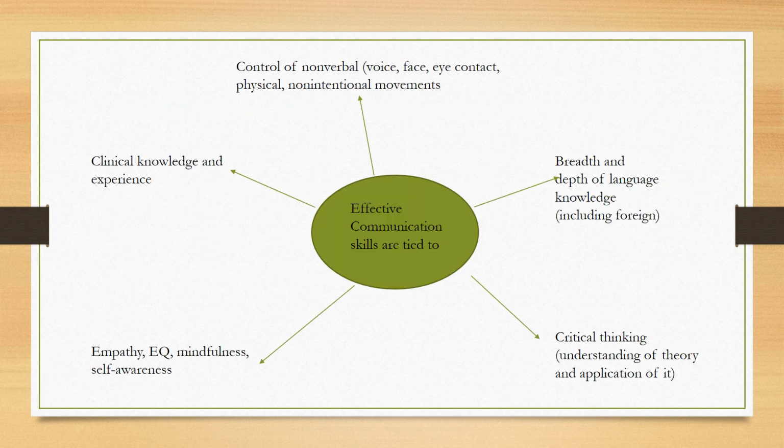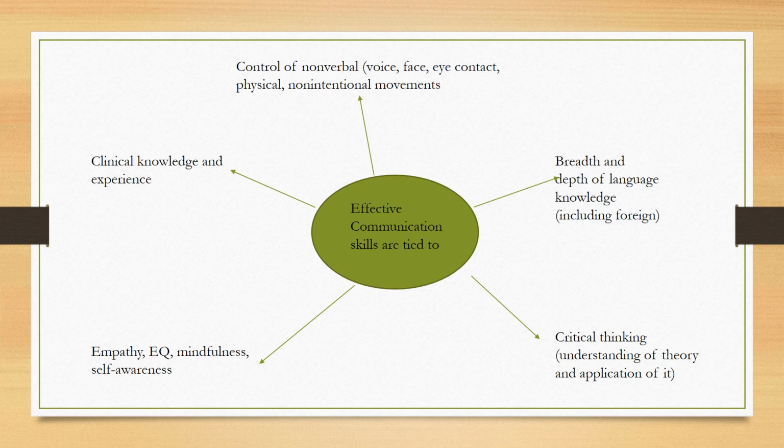I sort of devised this little diagram. I like little diagrams like this, just to say that effective communication skills are tied to, and probably the arrows would be better as ropes or something, what we've talked a lot about in this class, what is meant by effective communication skills, and they're tied, of course, to clinical knowledge and experience.